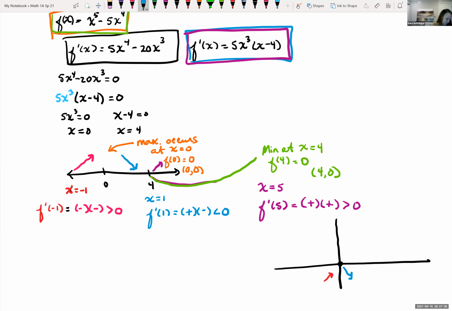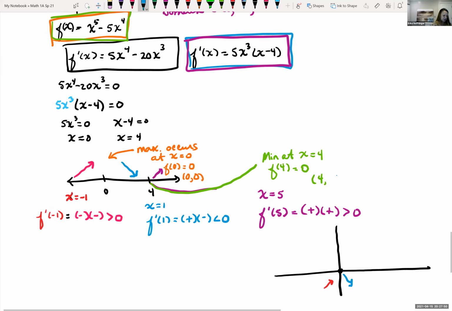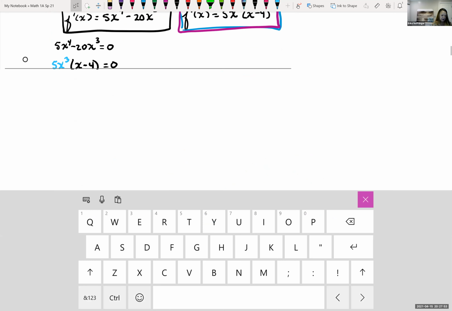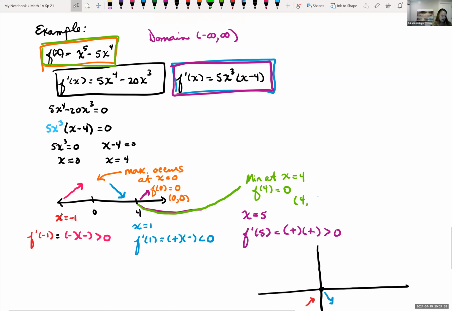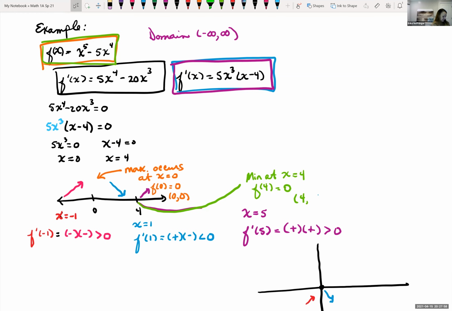Something's wrong. I was plugging in 5. I need to plug in 4. So plugging in 4 into my original, that's 4 raised to the 5th minus 5 times 4 raised to the 4th.